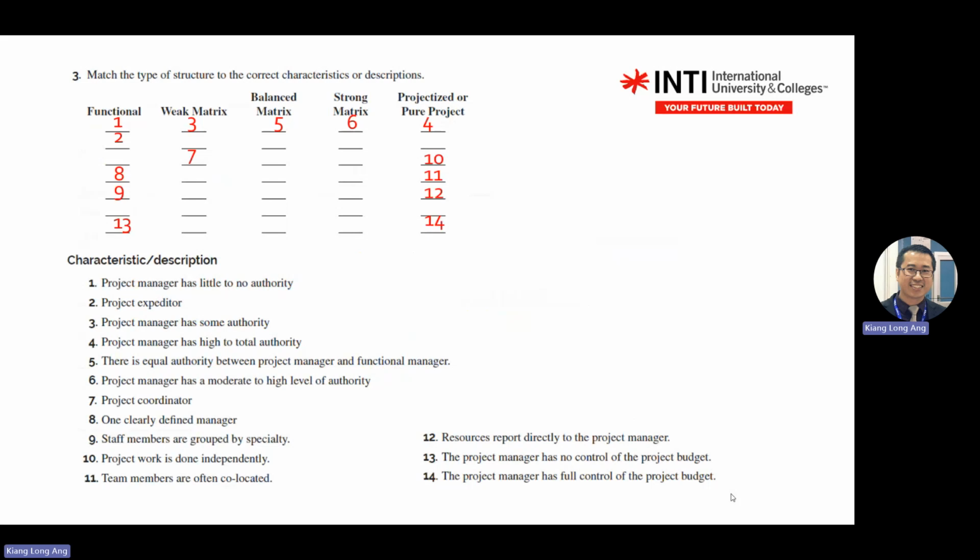Okay, so for 11, I guess why 11 is in the textbook, it falls into 11 because if you see balance, weak or strong, they usually use a degree like high to total, low to high, and so on.